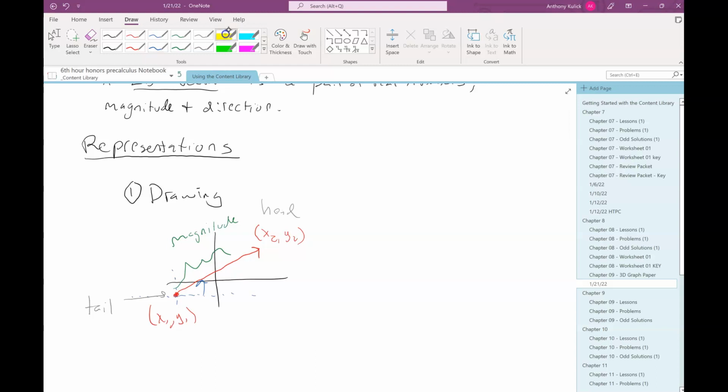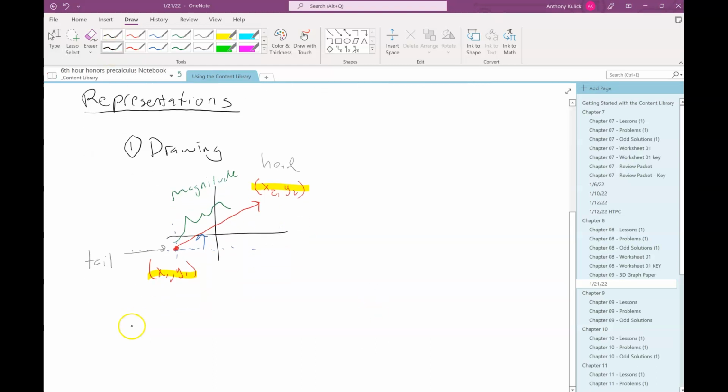Really, all that you'd typically be given for a drawing is your set of ordered pairs for the tail and the head. Everybody cool? So that's some different ways of drawing these things, or writing these things, I guess I should say.